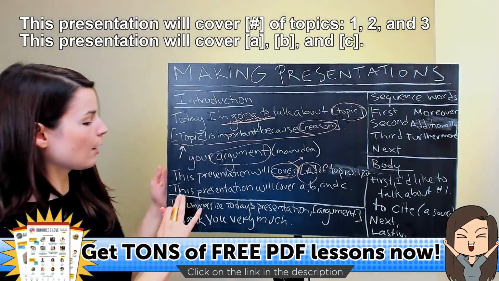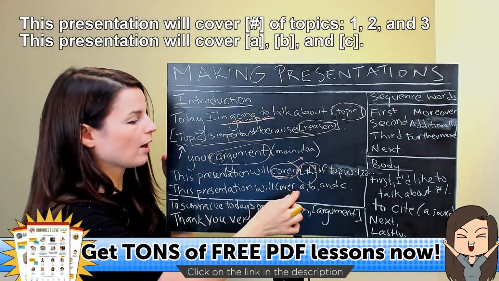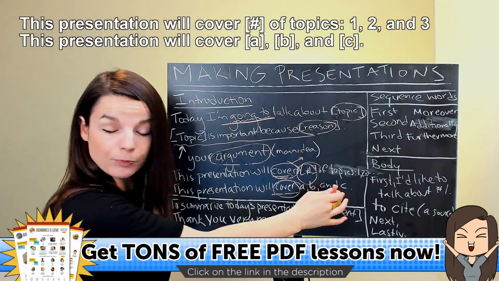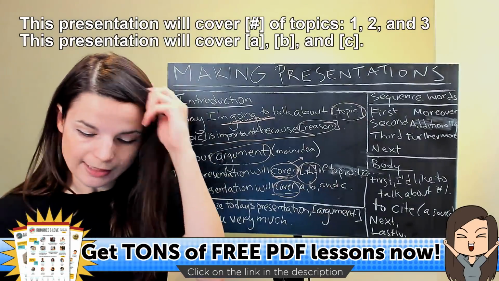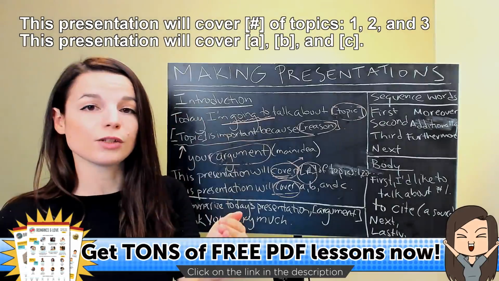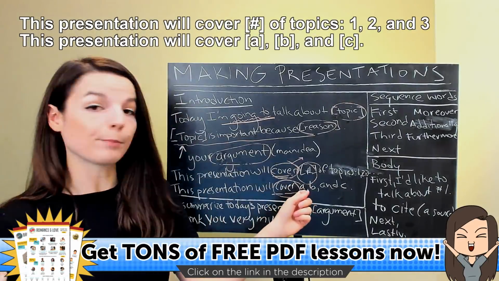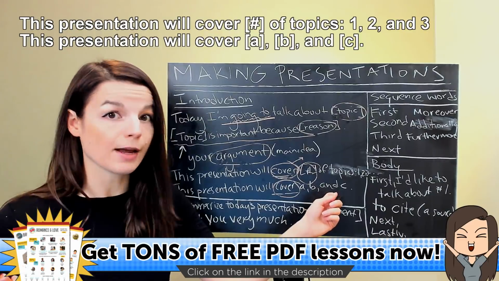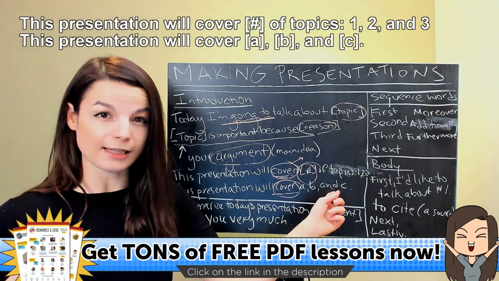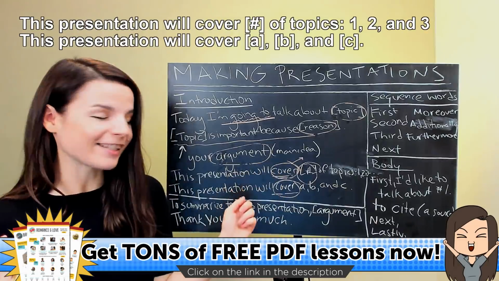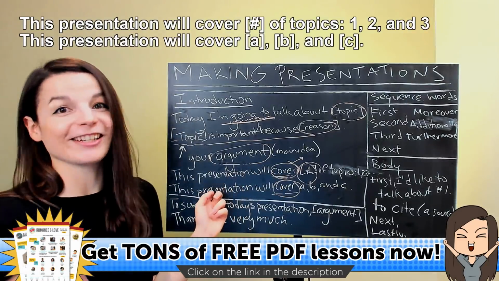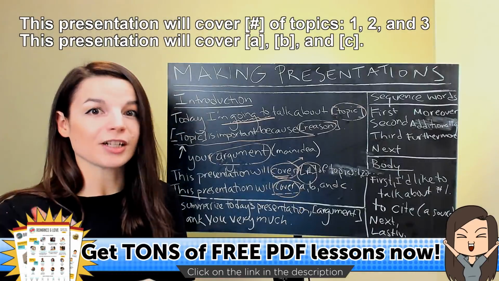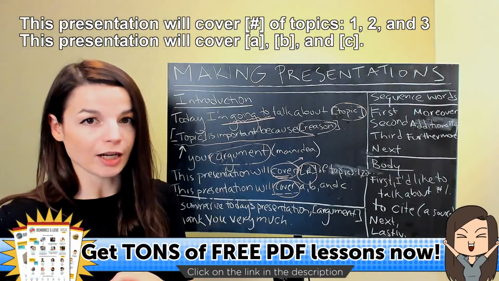Or another one, this presentation will cover, again I've used cover here, A, B, and C. So when you give your presentation, you need to explain what's topic A, what's topic B, what's topic C. For example, when I started this lesson, my presentation is a lesson, I said this lesson will cover introductions, body, and conclusion of presentation.